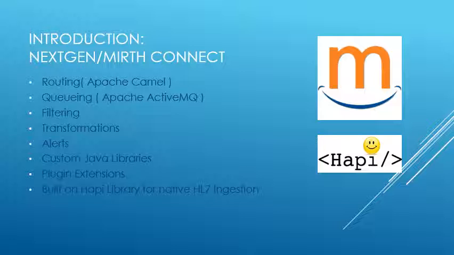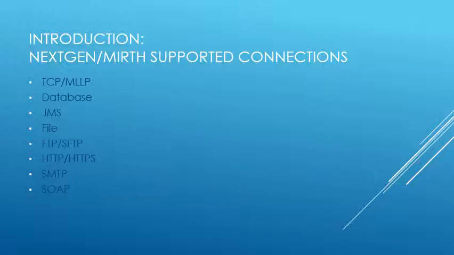It is built on another library called HAPI. So you have Mirth and HAPI, but apparently they just want people to be in a good mood or something. That natively handled HL7. So Mirth was built on a lot of these tried and true libraries that were necessary to use in the industry.